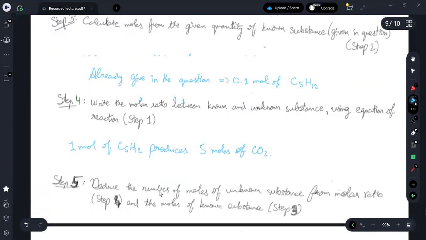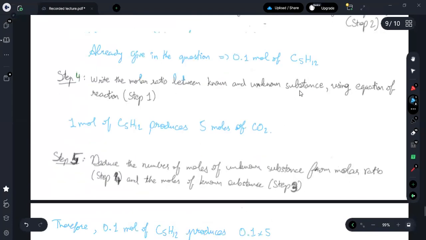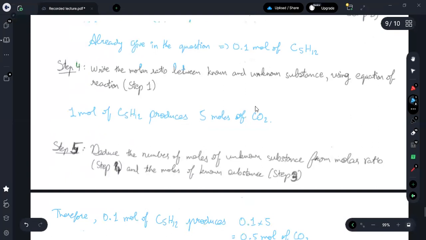Next step, by using this molar ratio, we are going to deduce how many moles of CO2 are produced when this 1 mole is actually 0.1 moles of C5H12. So 1 mole produces 5 times CO2.